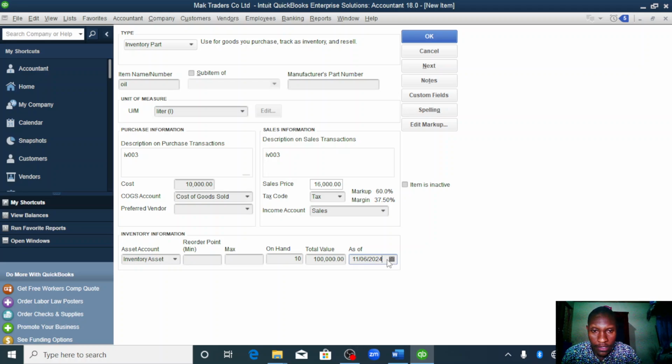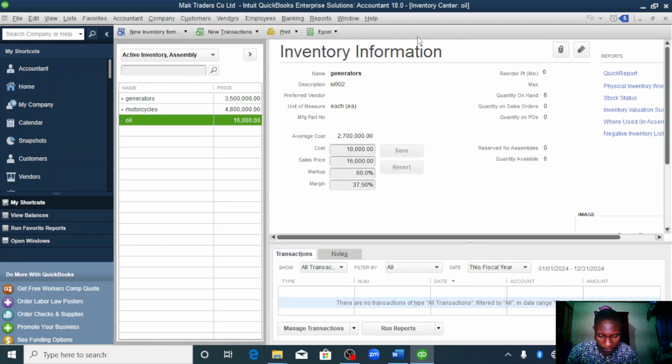We update the date. We click OK. So the next item we are having is servicing, and this one is not under inventory.